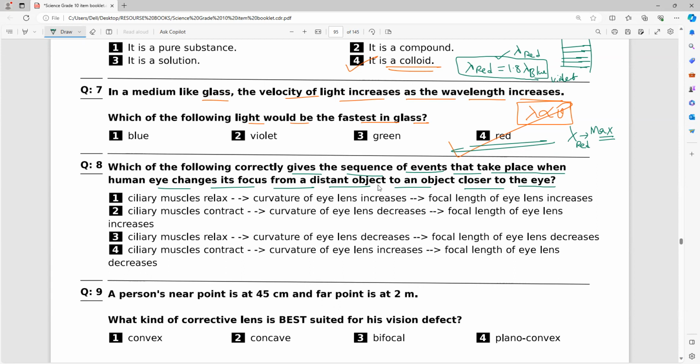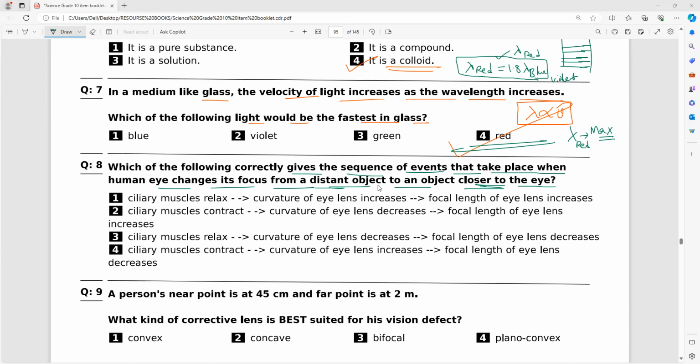That is focusing from a distant object; distant means infinity, to a closer object. When you are coming closer, what will happen, everybody? Do we need high power or low power?